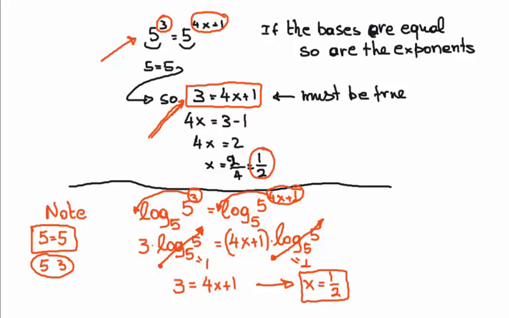So what we are going to do now is look at a different example, and let's do it together, where the two bases of our exponential equation will be different. So let's take 5 to the 3x equals 3 to the 4x minus 2.